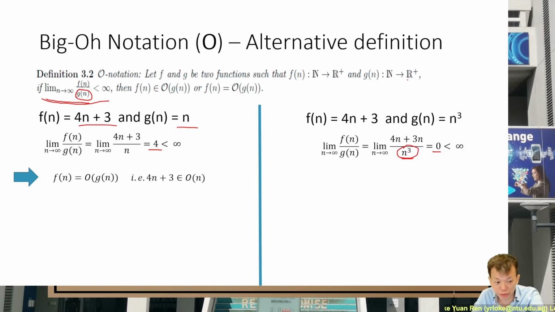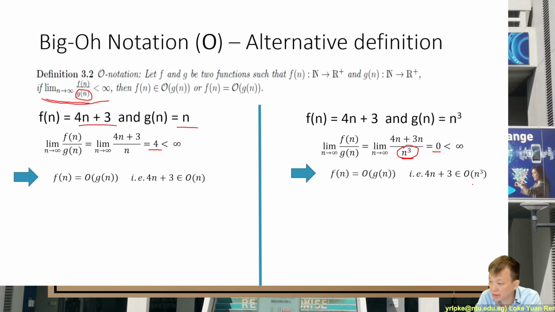I hope you still know how to take the limit, so I skip the derivation here. So f(n) will be in O(g(n)). So 4n plus 3 will be in O(n cubed).